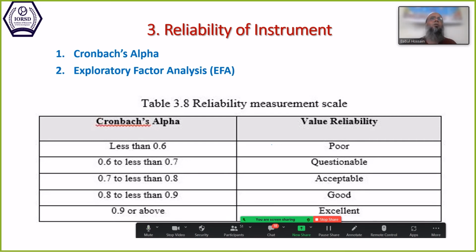Suppose for a particular area, say COVID-19, you did not have any variables, so you have just questions. You put all of the questions together and go to the respondents. After they answer, you will go to SPSS for EFA.